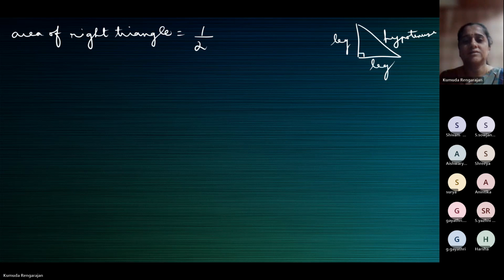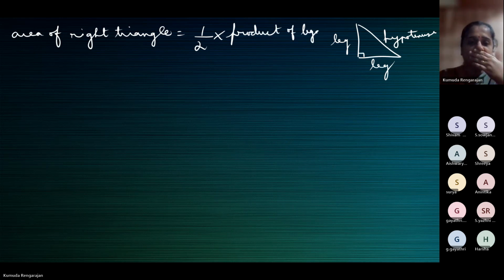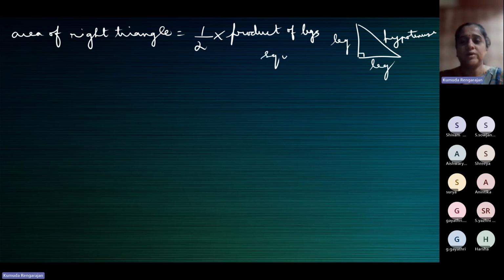The remaining two sides are called the legs of the right triangle. So half into product of legs, in square units.